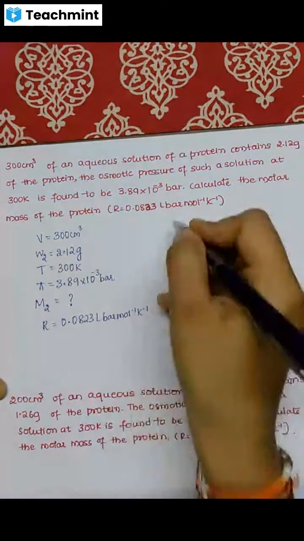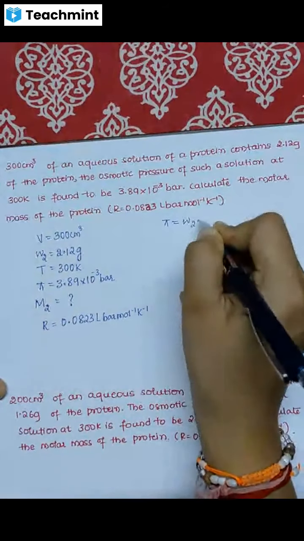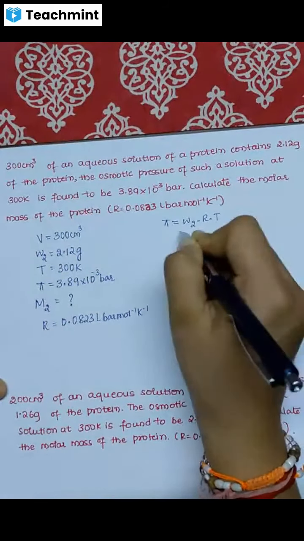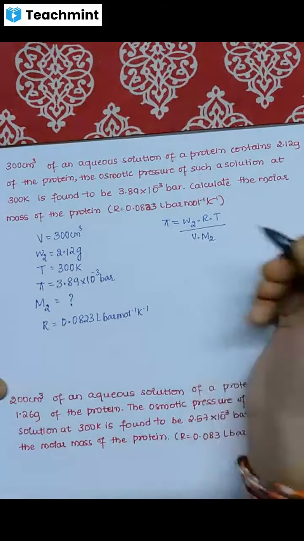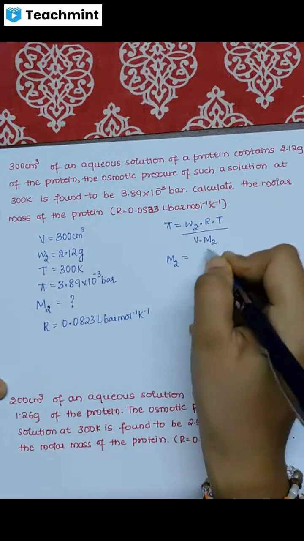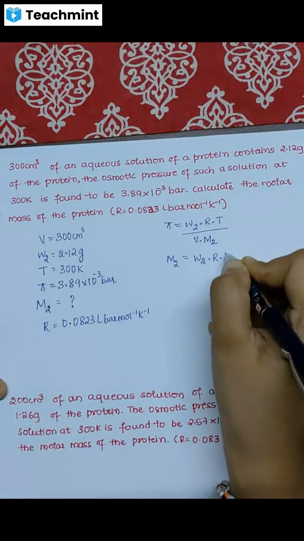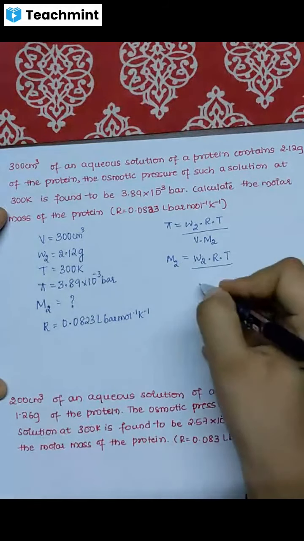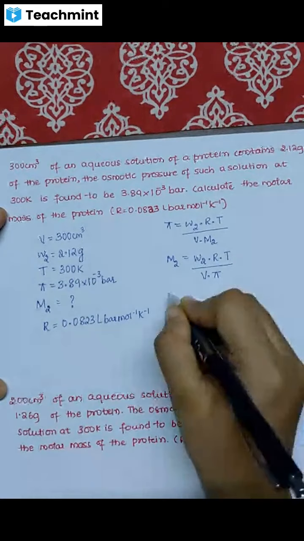So we know the formula that is pi is equal to W2 into R into T divided by V into M2, and if you rearrange it, you get M2 equal to W2 into R into T divided by V into pi.